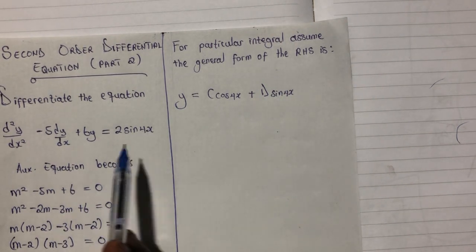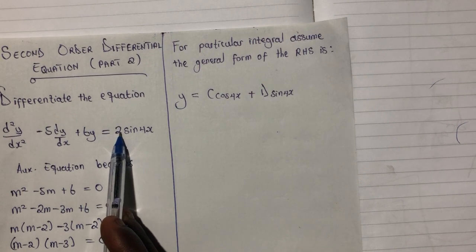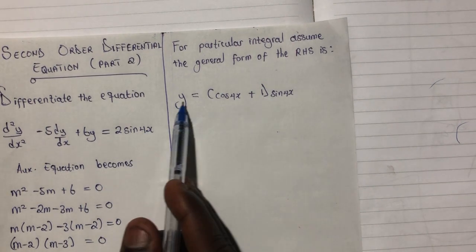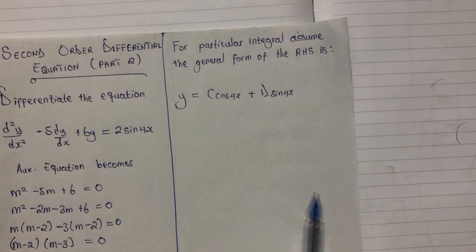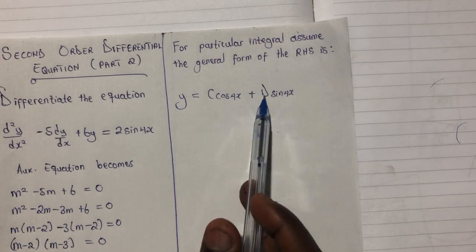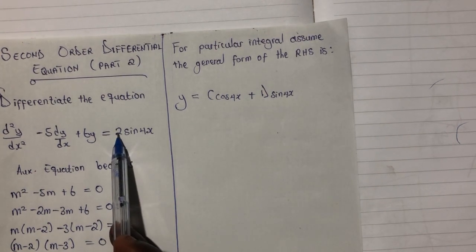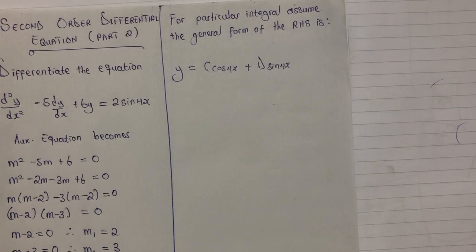We will bring back this k when we finish and we are doing substitution. So when we are calculating for c and d, then this 2 here, which is the k, will come in. Now that we have been able to assume the particular integral part of the question, we need to differentiate.